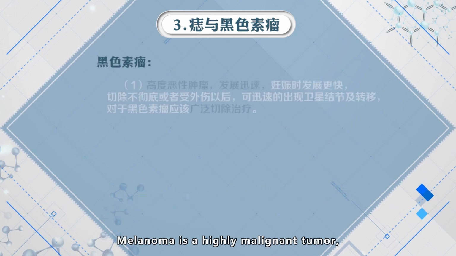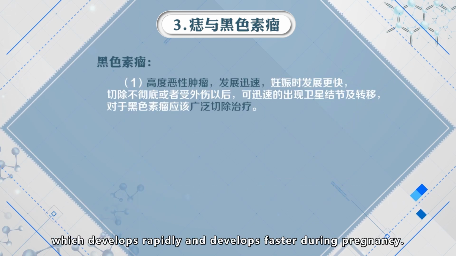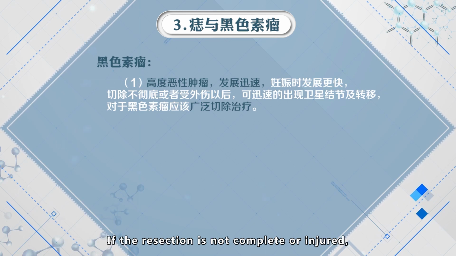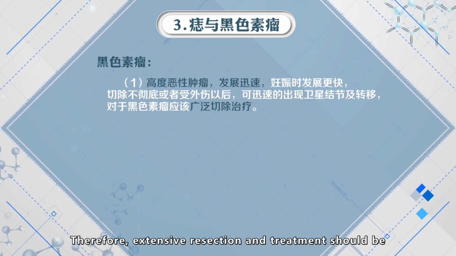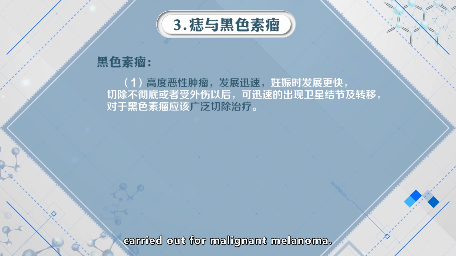Melanoma is a highly malignant tumor which develops rapidly and develops faster during pregnancy. If the resection is not complete or the tumor is injured, satellite nodules and metastasis can occur rapidly. Therefore, extensive resection and treatment should be carried out for malignant melanoma.